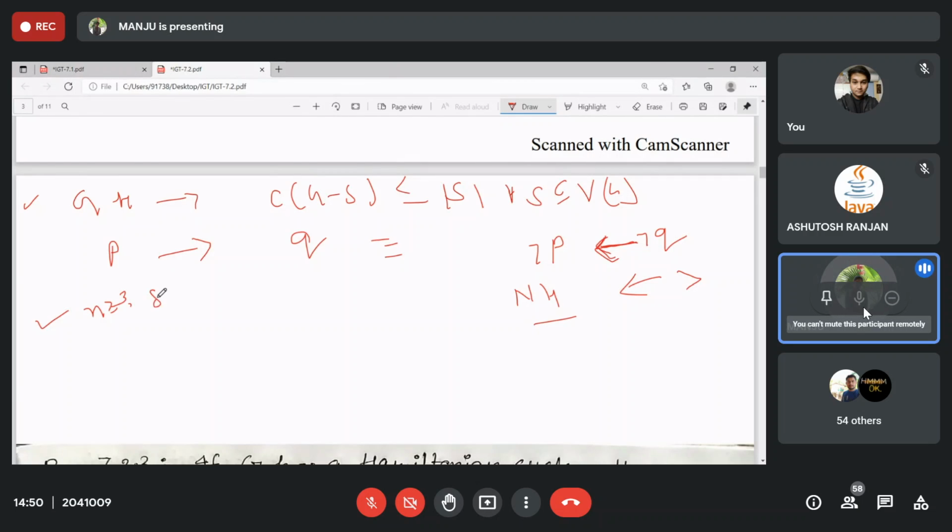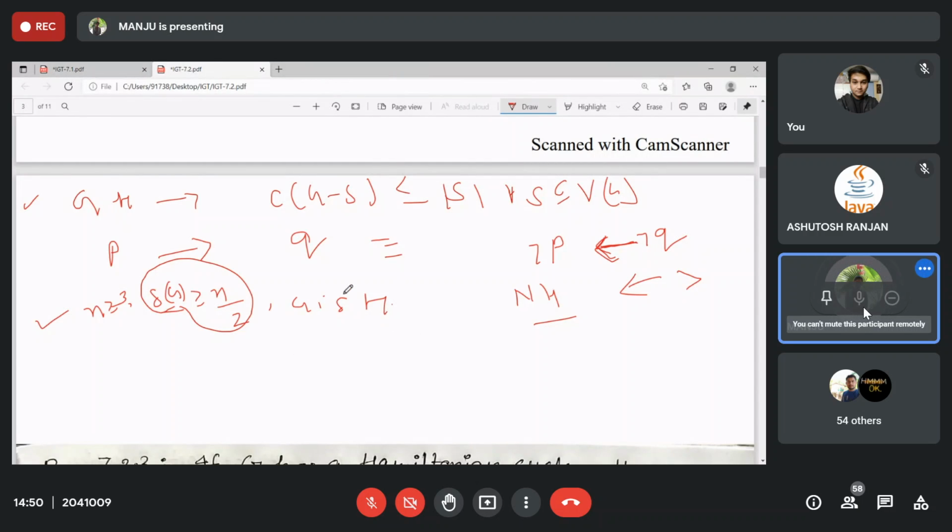So n should be at least 3, and G is a simple graph with the condition that delta of G, that is the minimum degree, is at least n by 2. Then you can say G is Hamiltonian. This is also a P implies Q statement, and the converse is not true. The contrapositive is obviously true.